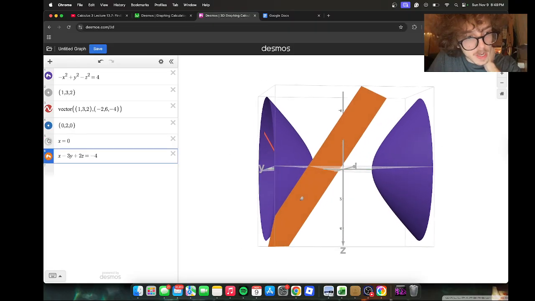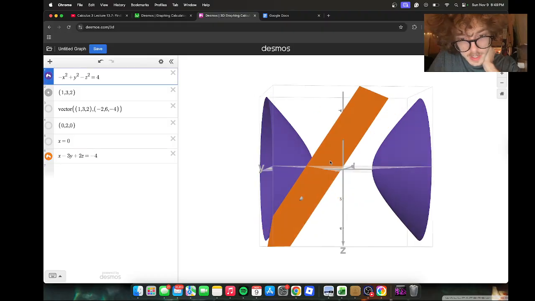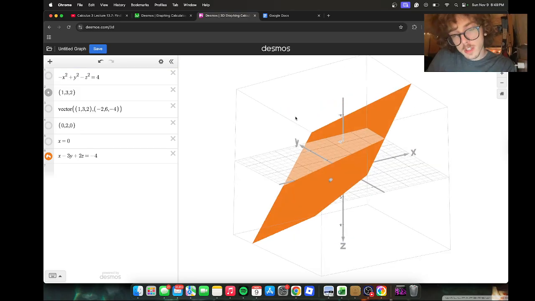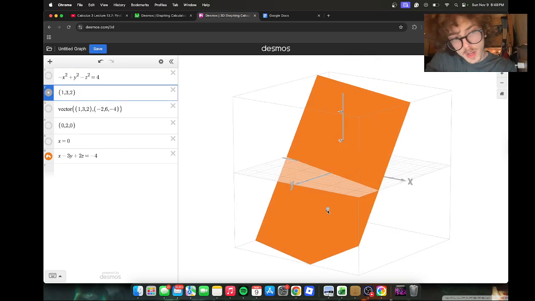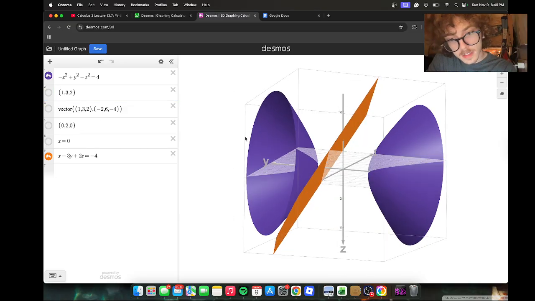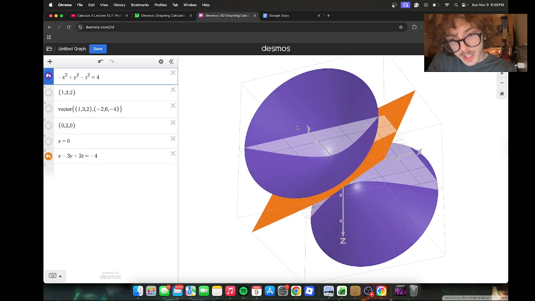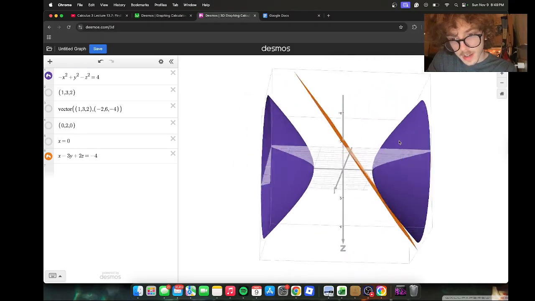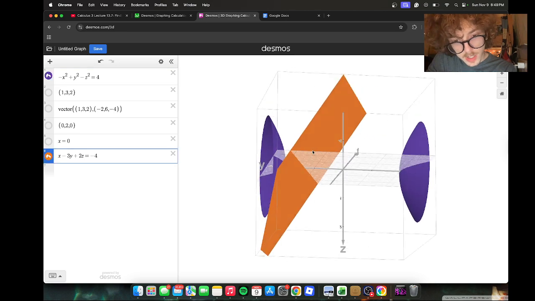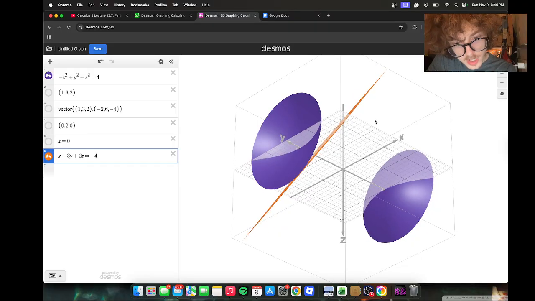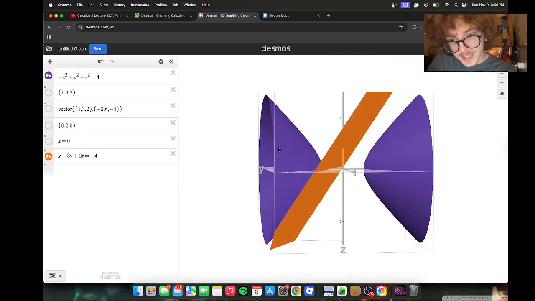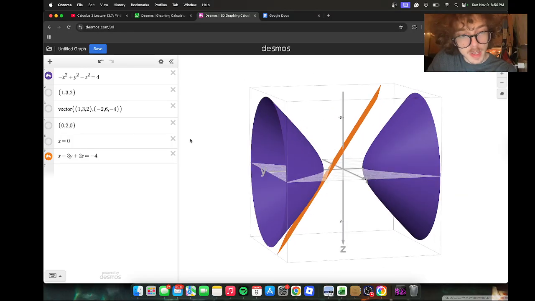And let's remove all the background noise. Okay, so this plane contains the point 1, 3, 2. And if we look at how it's intersecting this two-sheet hyperboloid, you can see it's just touching at one singular point, thus defining it as a tangent plane.